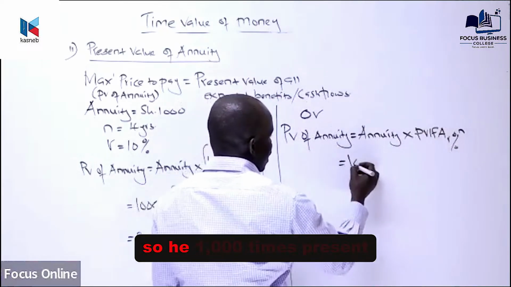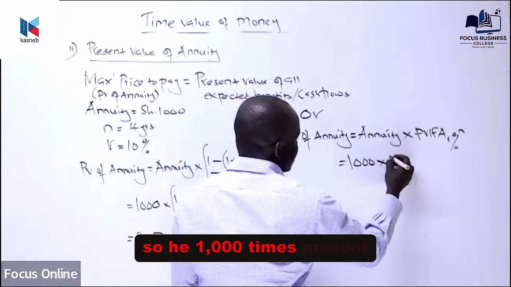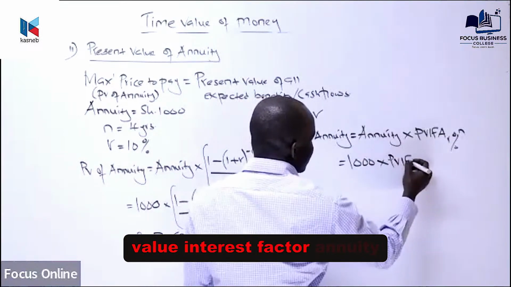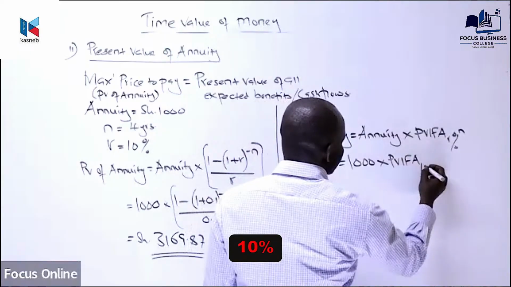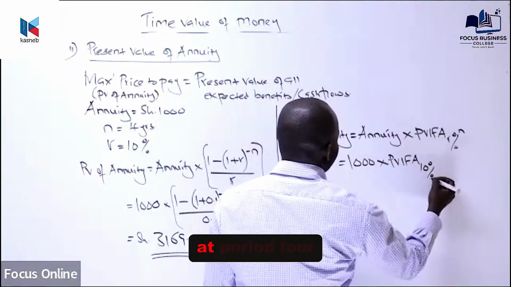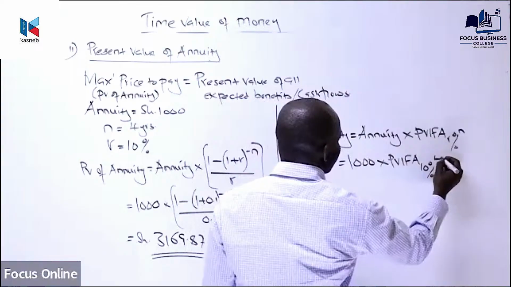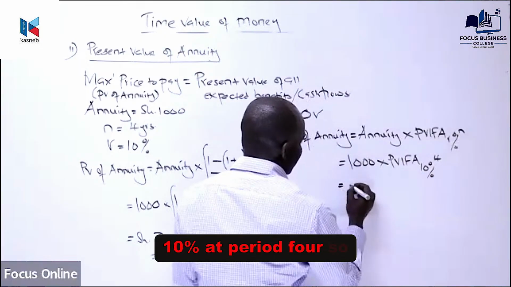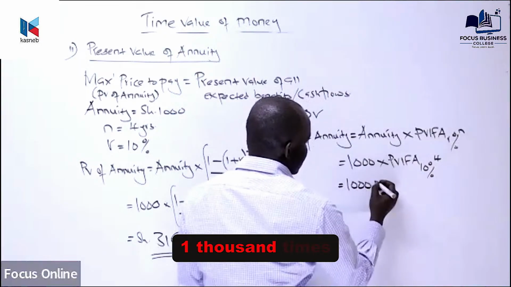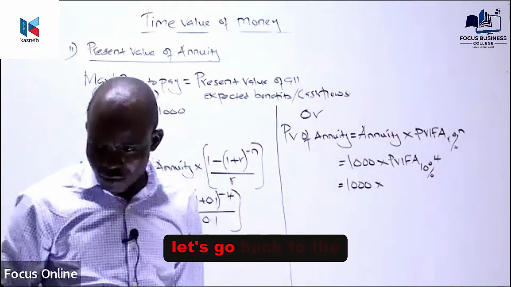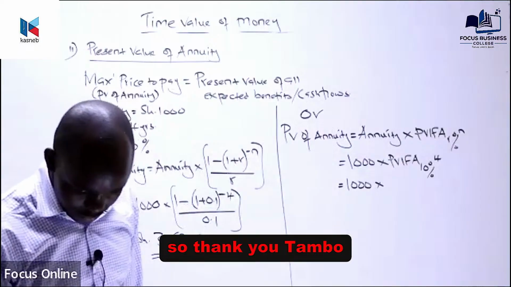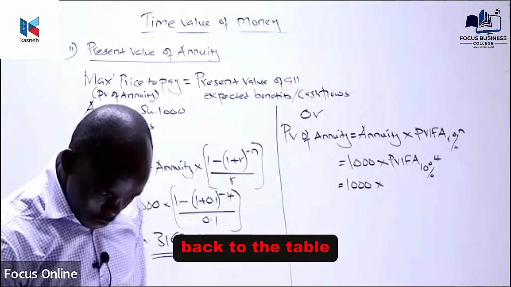So here, 1,000 times the present value interest factor annuity at 10% for period 4. So now let's go back to the tables. Thank you, Tambua.